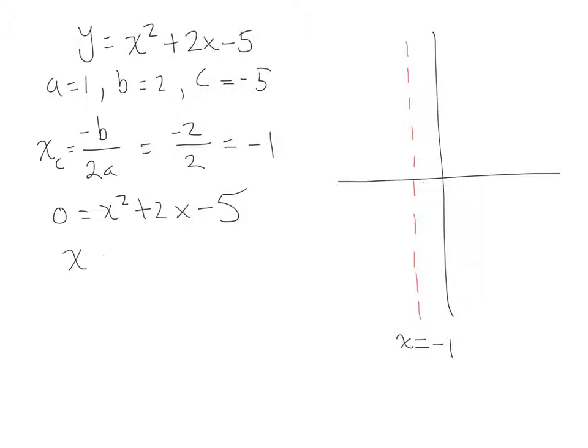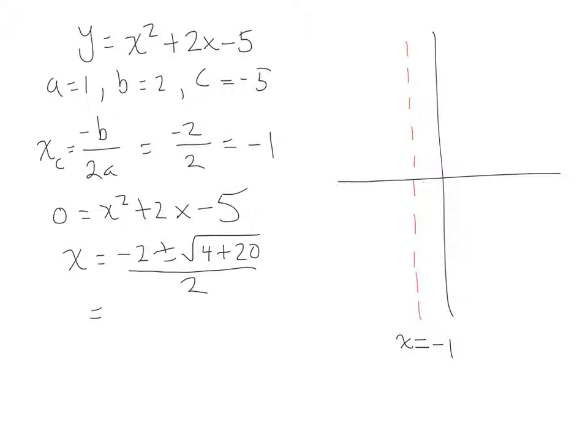The values of x are the opposite of 2, plus or minus the square root of b squared, which is 4, minus 4ac. So it's -5 for c, so it's going to be plus 4 times 1 times 5, which is going to be plus 20. And then all over 2a, and of course a is just 1.